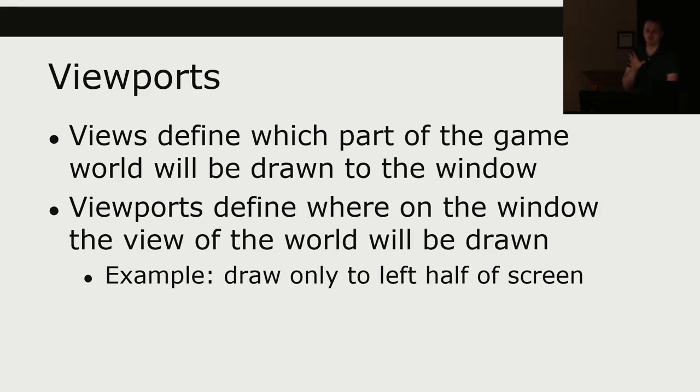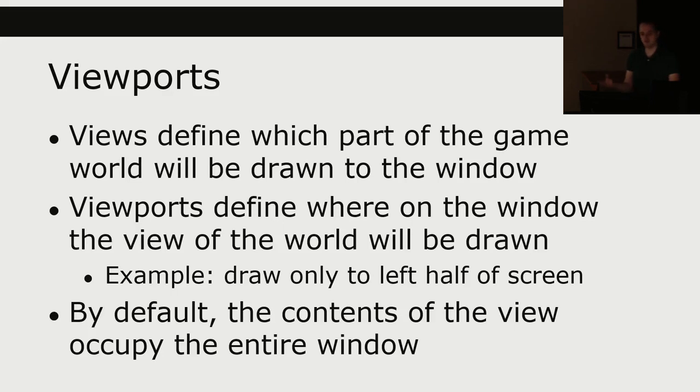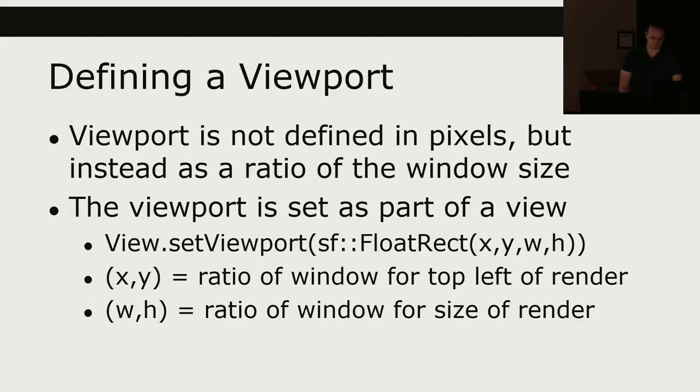So for example, you could say, draw only on the left-hand side of the screen, or draw a mini-map icon up in the top right. And by default, the default view is the contents of the entire window.